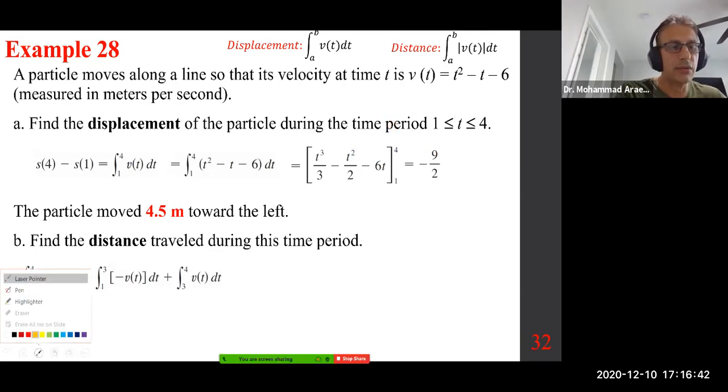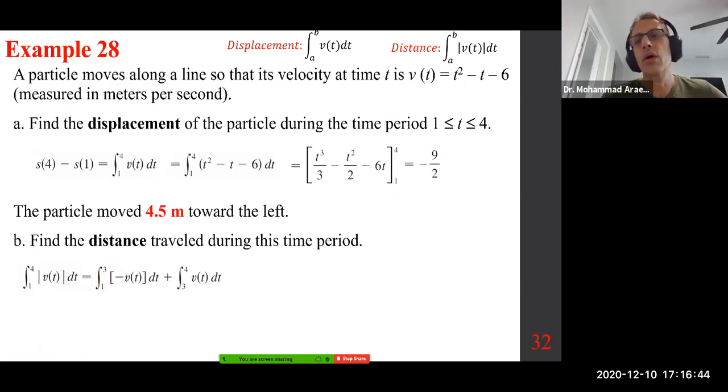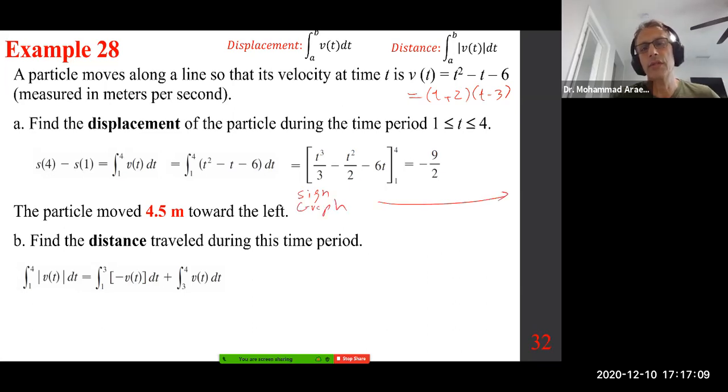A quick recap of what we did before. This one is equal to t plus 2 times t minus 3, okay? So when we want to do the sign graph here, this is the sign graph, this is t, and this is v of t.